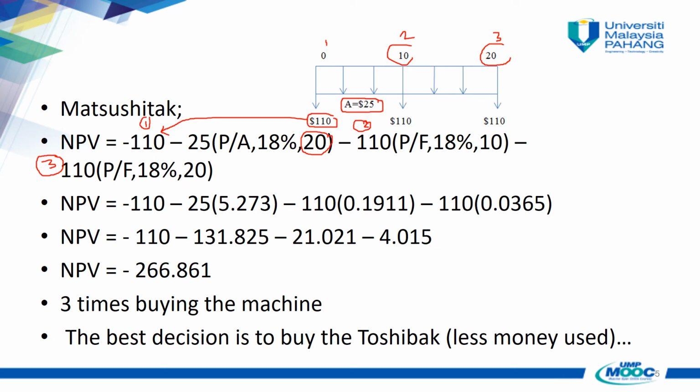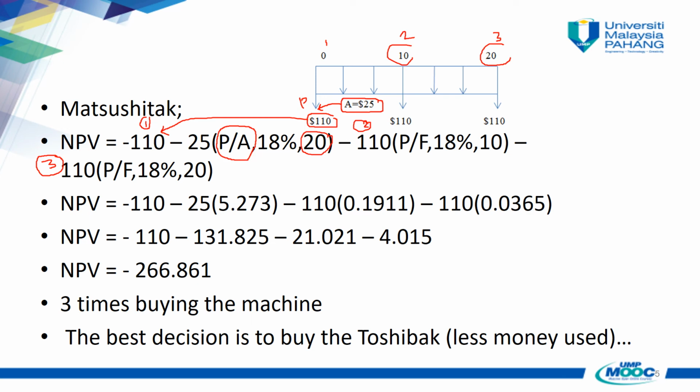So we need to convert it to become our finding P when we know the A. We convert all of this A to become our present. Okay, here we come to this finding P when we knew the A. What is our A? Our A is 25.